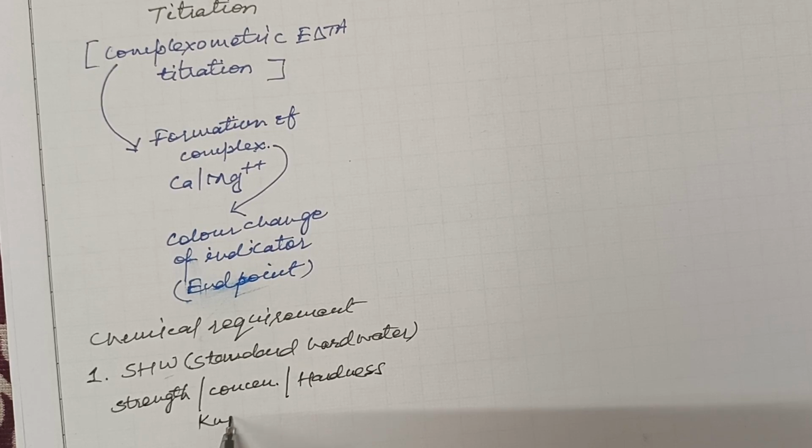It is already given here. Suppose the strength is 1 gram per liter. And this standard hard water is prepared by mixing calcium carbonate in distilled water.